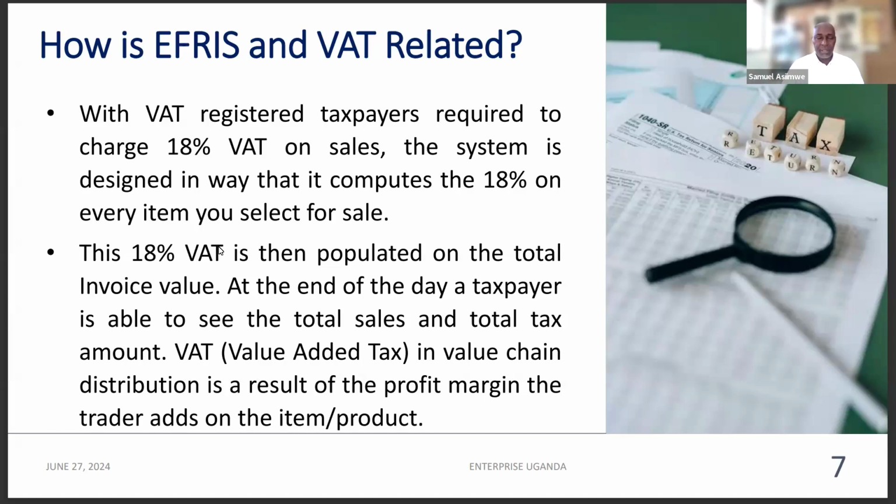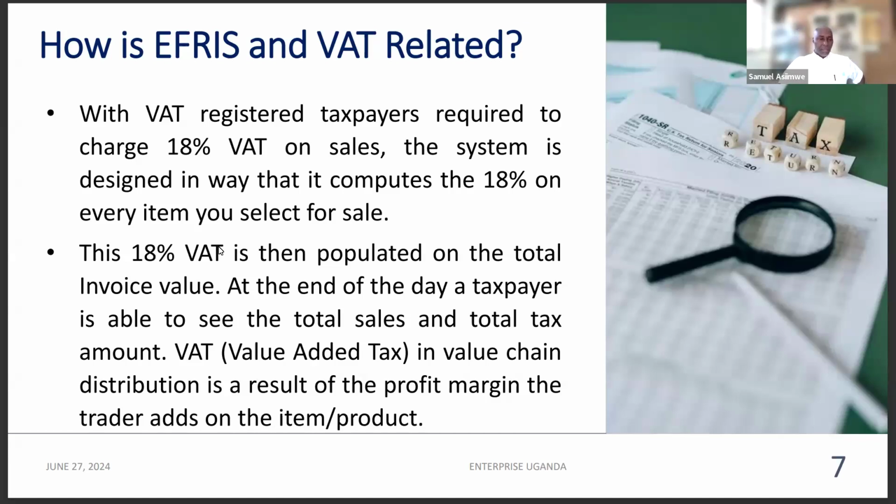If you're importing goods into the country, the government charges VAT of 18%, and then it is this VAT of 18% that is rolled out to different chains in distribution. It is also rolled out at the wholesale level. It's also rolled out at the retail level.